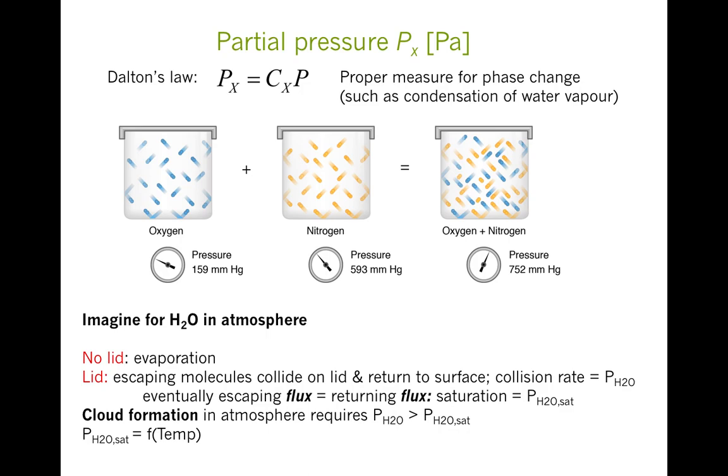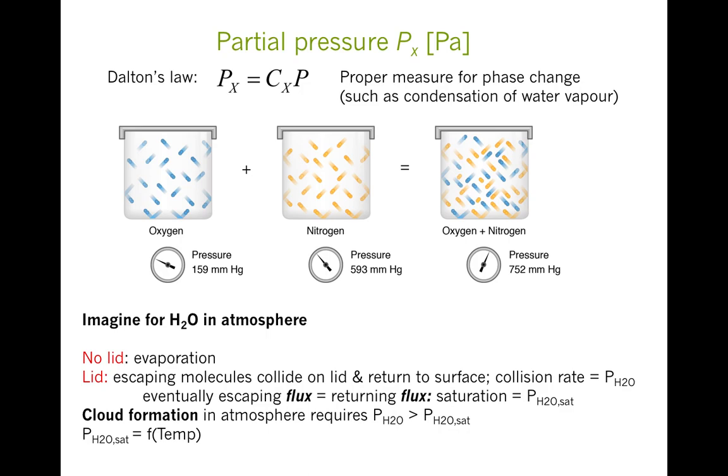So you could imagine if you had a plate filled with water and you're in Southern California and you put it outside on a hot day in August, you will come back later in the day and that water will have evaporated. And that's what would happen on a plain plate with no lid. But if you were to put a lid on that, eventually the molecules that were escaping from the condensed phase would collide on the lid and then return to the surface.